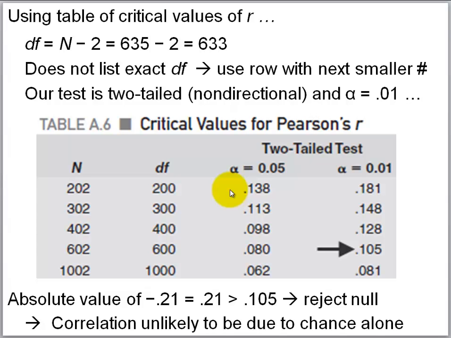So as sample size goes up, smaller and smaller differences from the value stated in the null, in other words, from 0, become sufficient to reject the null. This demonstrates that, other things being equal, as your sample size goes up, so also does your statistical power.